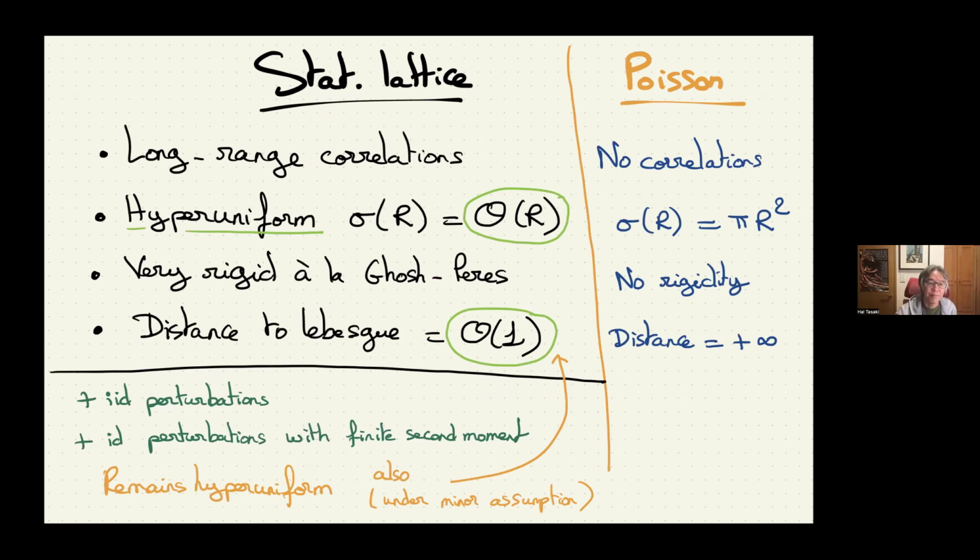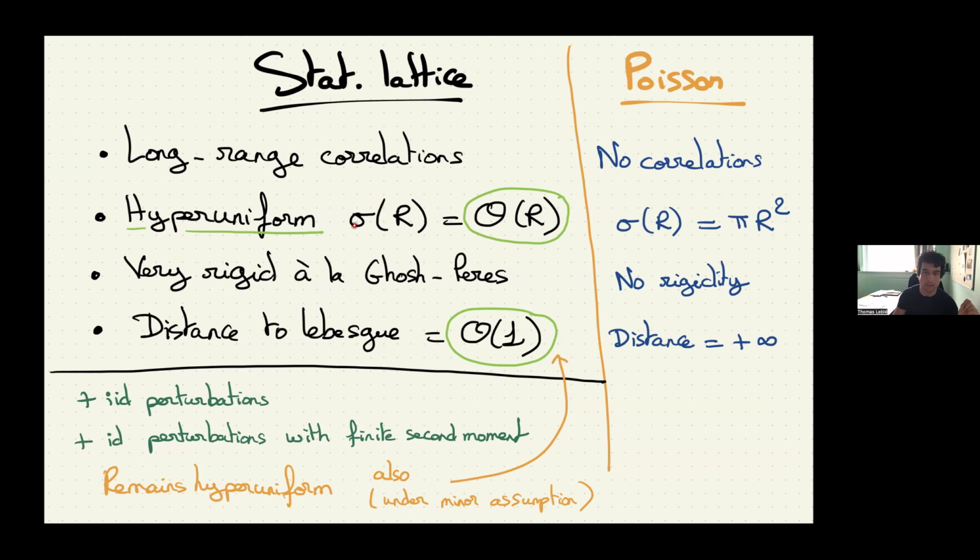Okay. So let me just remind ourselves of the two extreme cases, the Poisson and the stationary lattice. Let's forget about this part, which we should keep in mind as order and disorder. So for a lattice, you have long-range correlations, obviously. It is very much hyperuniform, so it has cancellation of charge fluctuations, if you want, and that's as good as it gets.